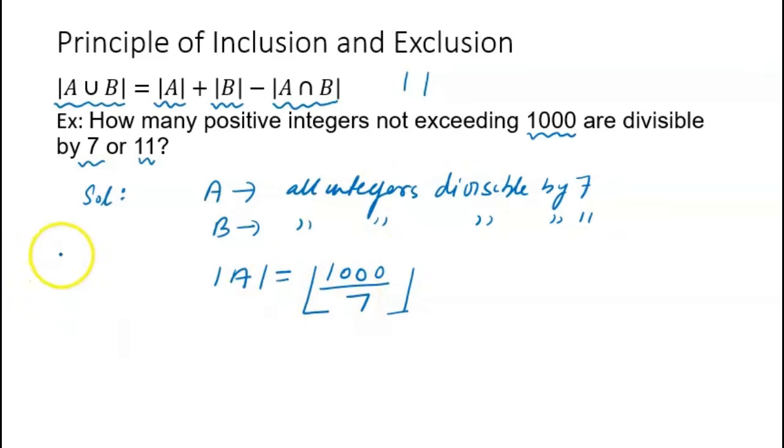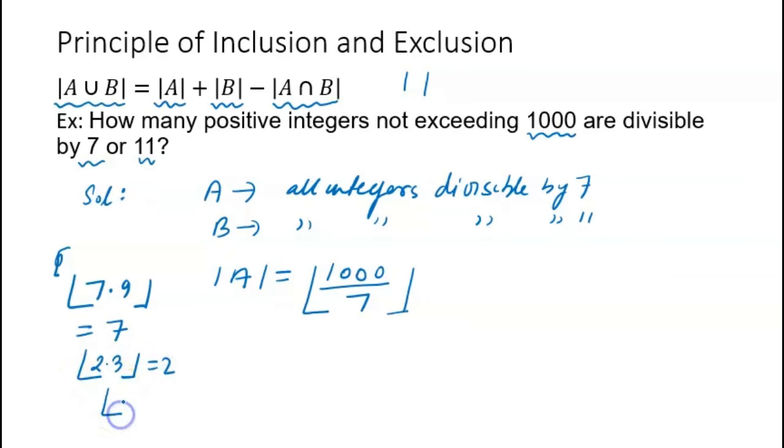For example, suppose I ask you what is the floor function value of 7.9. That will be equal to 7, because out of all the integers less than 7.9, 7 is the greatest. If I ask you the floor function value of 2.3, the answer will be 2. If I ask you the floor function value of the integer 4, in that case it will be 4.